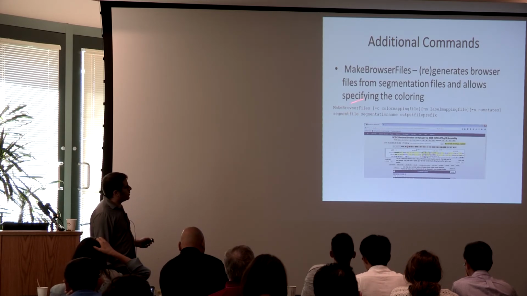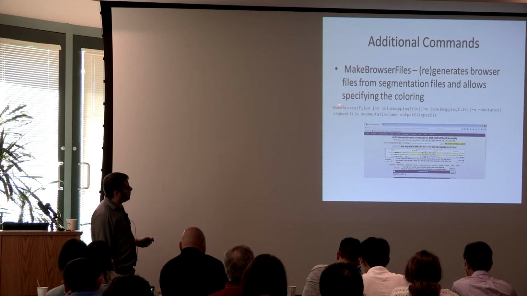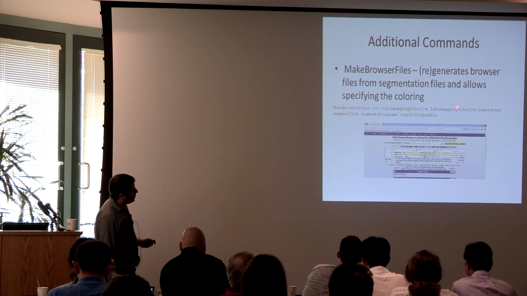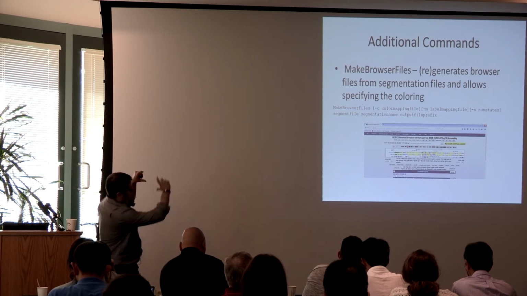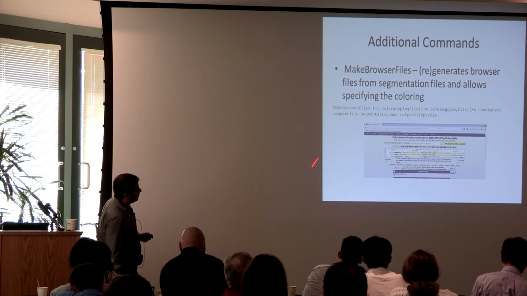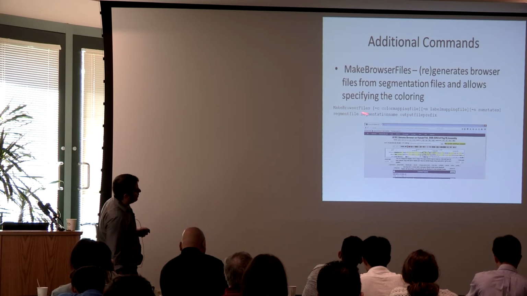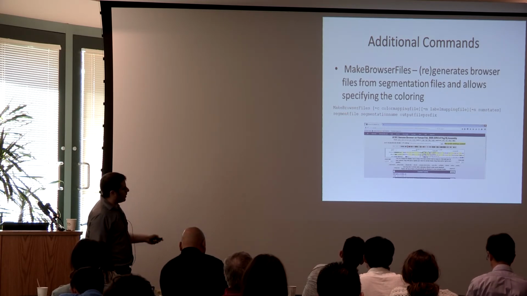It works similar to before in terms of the command line, but now you're specifying the browser file. And in general, when you're reading the manual, the things in the brackets here are optional parameters, and these are required parameters, and they're all described in the manual.